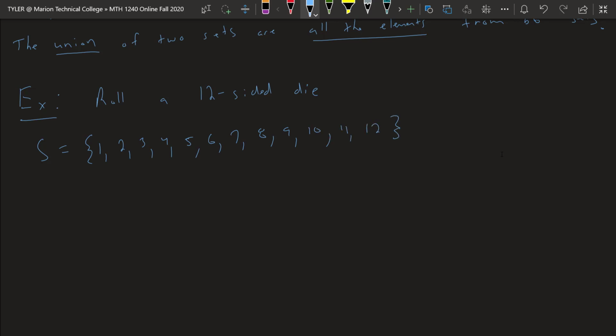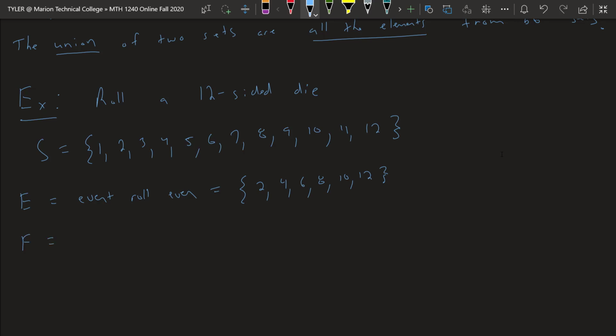Right? So if we let E be the event that you roll an even, this would be the set of outcomes 2, 4, 6, 8, 10, and 12. Those are all the possible ways to roll an even number.